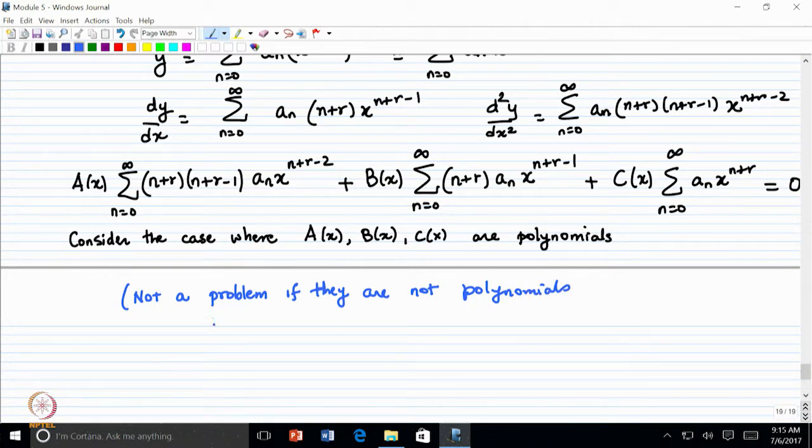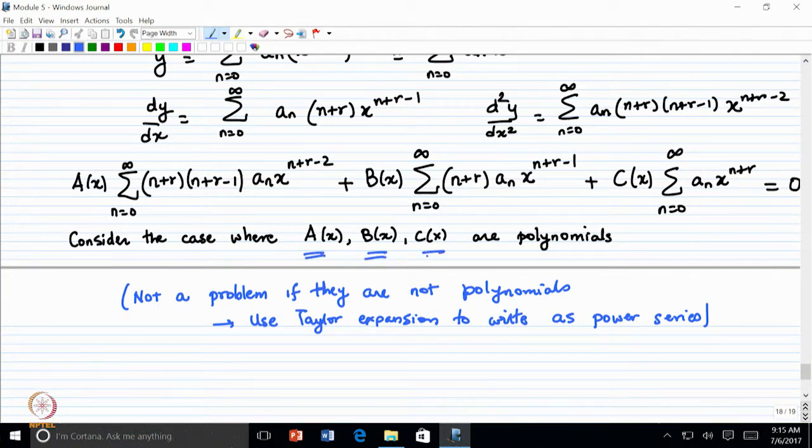All you need to do is to use Taylor expansion to write them as infinite power series. So if your a of x, b of x and c of x are not polynomials, then you can use Taylor expansion and write each of them as an infinite series.